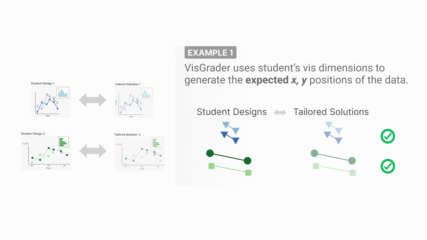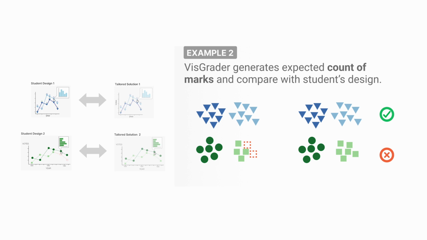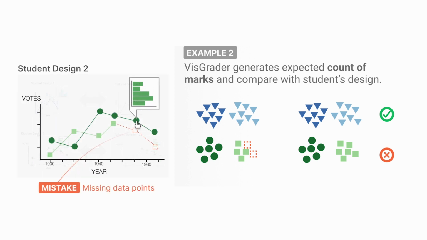For example, VisGrader will use the size dimensions of the student's visualization and generate a tailored solution that generates the expected X and Y positions of the data. This allows us to grade whether or not the data are positioned correctly in different scalings of a visualization. Similarly, the tailored solution will generate the expected count of data points and validate that the student's implementation has an equivalent amount of data points.